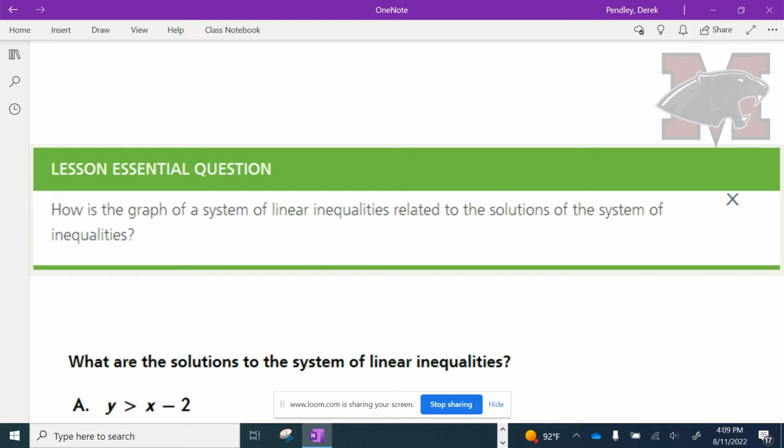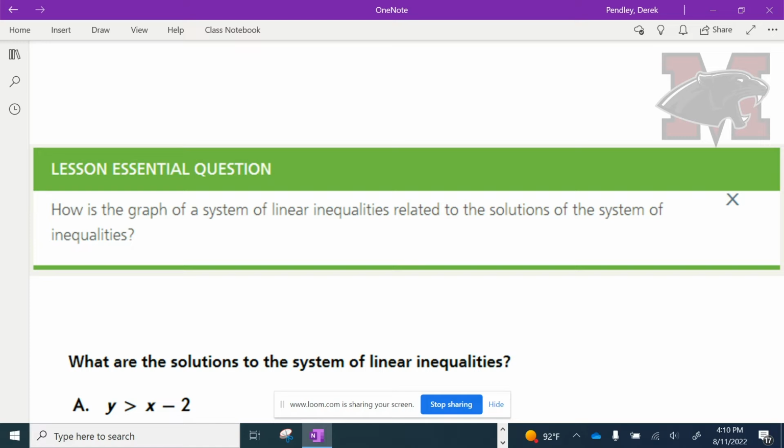We're going to treat this just like an equation in terms of graphing, just like we use the slope-intercept form to graph these. You could do the same thing with inequalities. You still have a y-intercept, you still have a slope, and you can graph the line. But you need to know what to do differently when there are inequalities. So the slope's still the same, and the y-intercept's still the same.